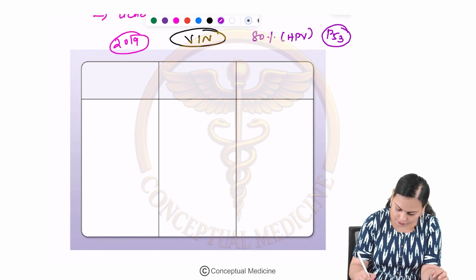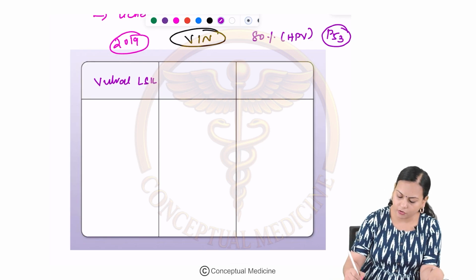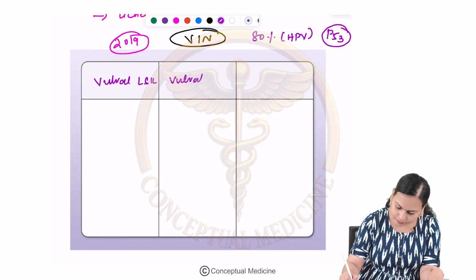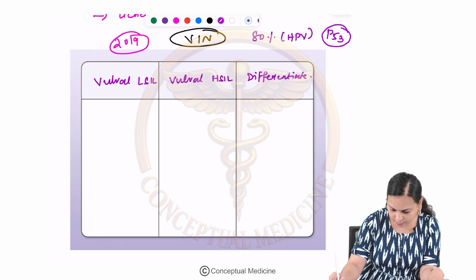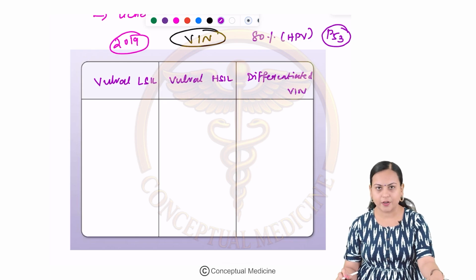So we have vulvar low grade squamous intraepithelial lesion first, followed by vulvar high grade squamous intraepithelial lesion, and finally we also have differentiated VIN, vulvar intraepithelial neoplasia. Clear?